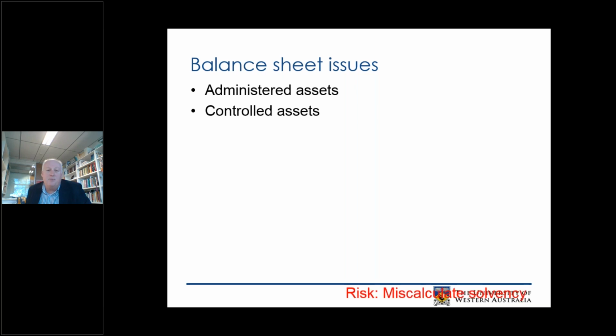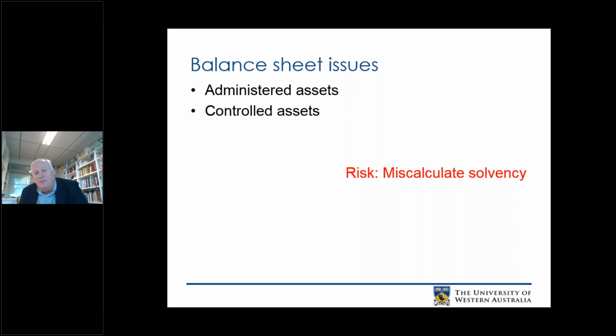You need to be able to separate these two conceptions because if you don't, you might miscalculate what your assets contribute to solvency. Obviously, if a philanthropist provides you with a motor vehicle and you're not entitled to sell that motor vehicle, you must hand it on to another provider. In the case that you don't undertake those activities anymore, then you can't use that motor vehicle's cash value to help you with your solvency.